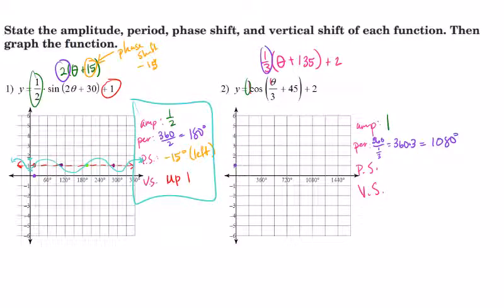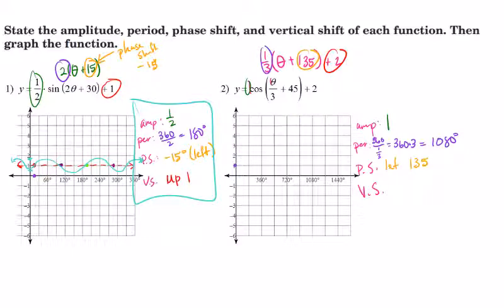All right. Phase shift will be positive 135, so that means it's going to go left 135. Right? And then our vertical shift moves up 2. All right, so I usually start here where I put a dot.